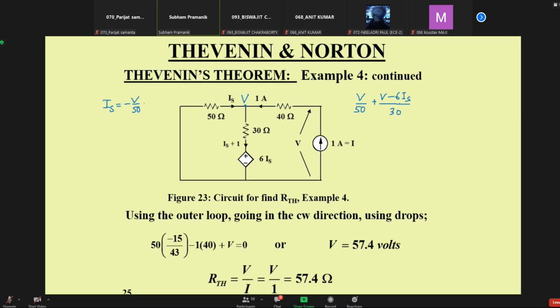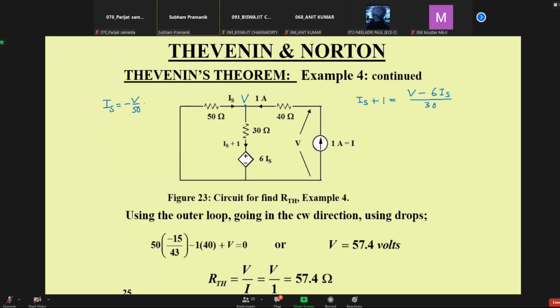These are the currents, and there is 1 ampere. Or you can write it by observing which currents are entering: Is is entering, 1 ampere is entering, so Is plus 1. The current leaving is (V minus 6) divided by 30.